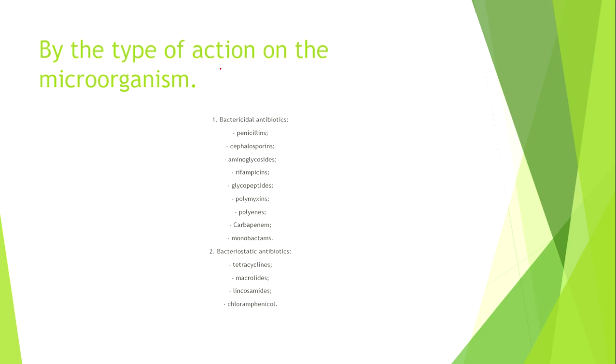By the type of action on the microorganism, we have two major groups, bactericidal and bacteriostatic. Bacteriostatic means these antibiotics don't kill the bacteria. They stop the growth of the microorganism.